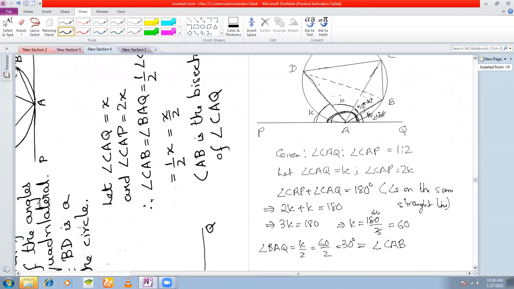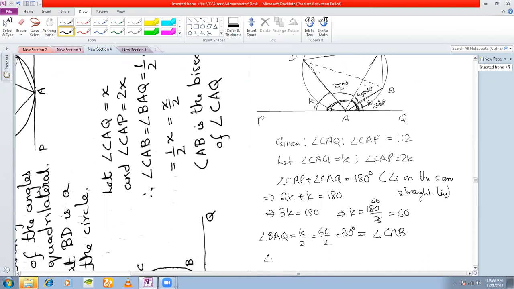CAB is also 30 degrees. This angle is 60 degrees, right? So angle DAC is 60 degrees. And what else? This angle is also 60 degrees. So angle DAP is also 60 degrees. So we have got these measures of the angles.